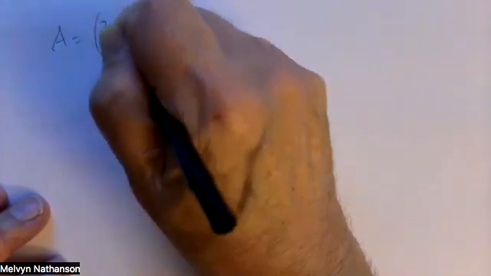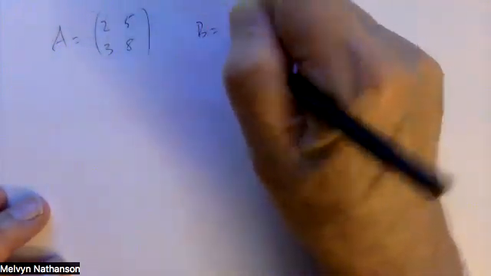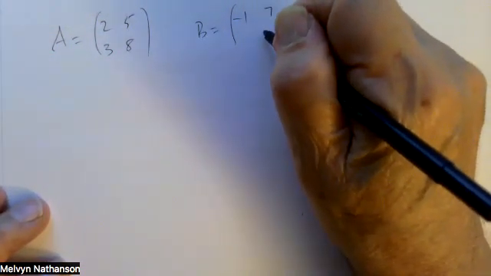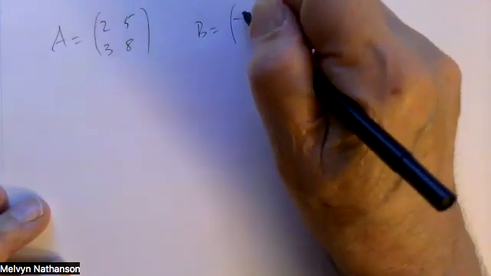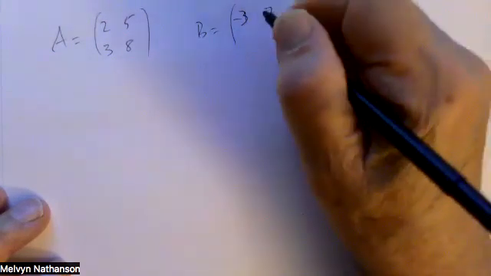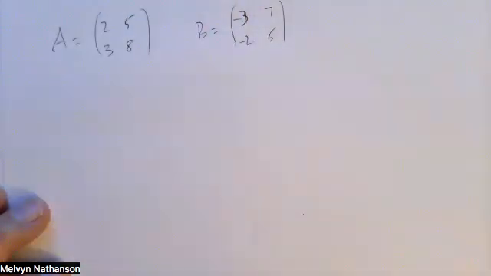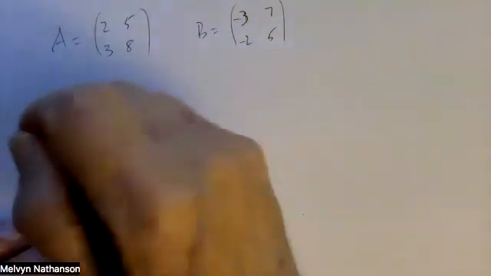Let's compute an example. So maybe A is 2, 5, 3, 8, and B is minus 3, 7, minus 2, 5. So these are 2 by 2 matrices.